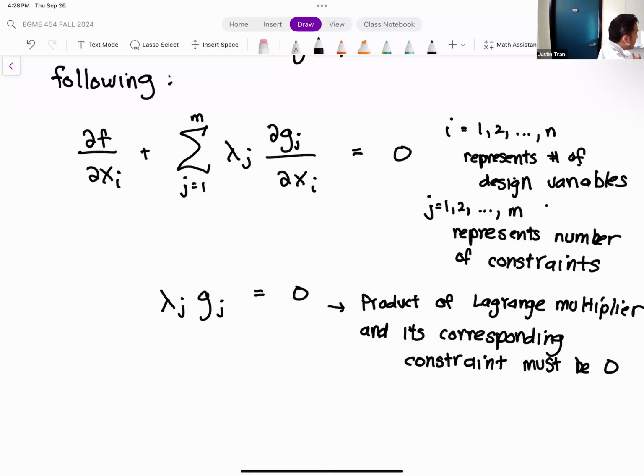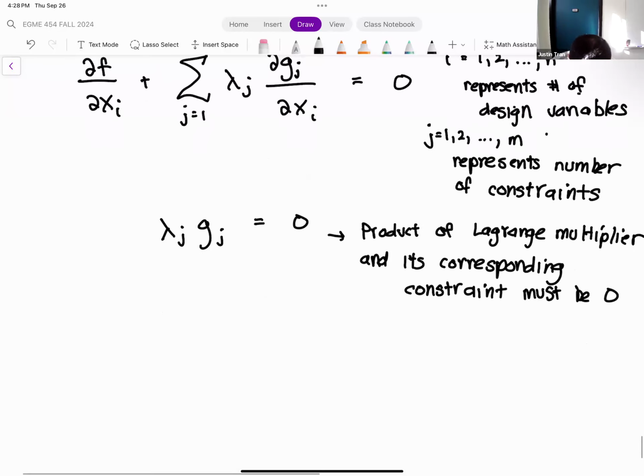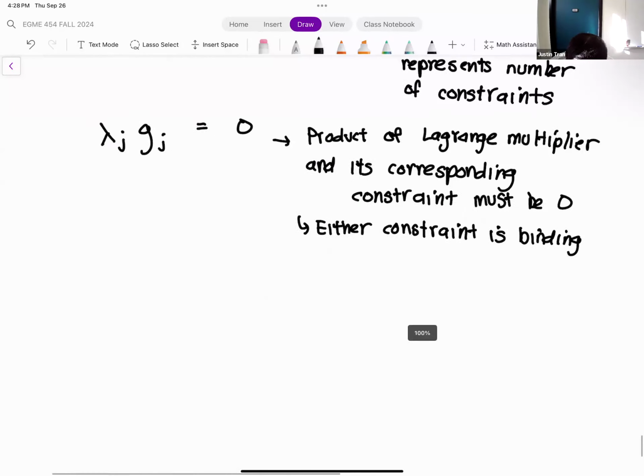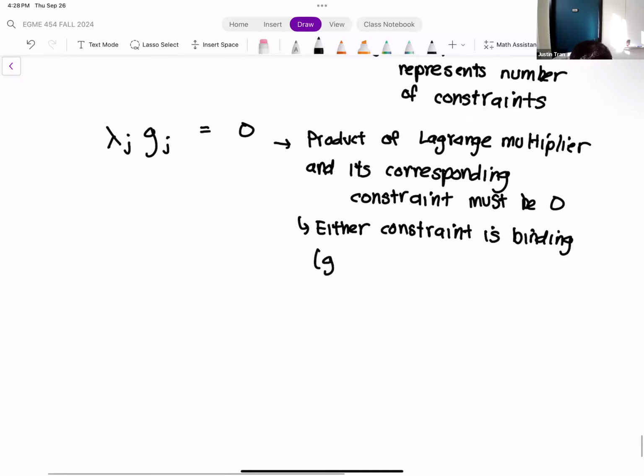But if our constraint is not binding, then the lambda is set to equal 0. Either the constraint is binding, or the point is free and we set the Lagrange multiplier equal to 0.